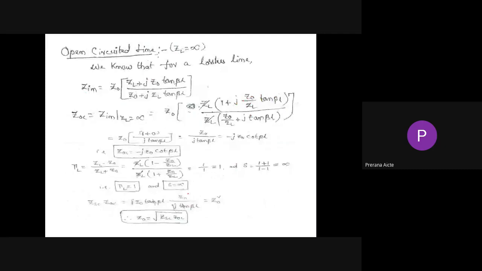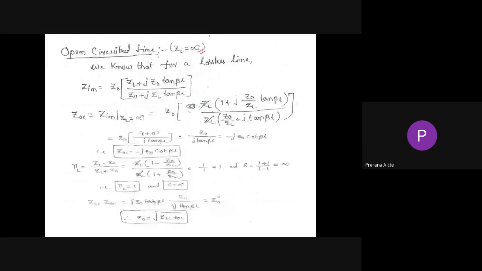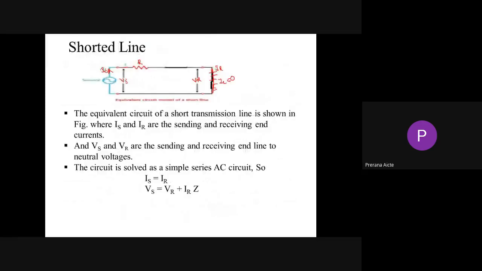Next, if the transmission line is an open circuit transmission line, then Z of L equals infinity. Here, this is the open circuit, so there is no wire, it is open.